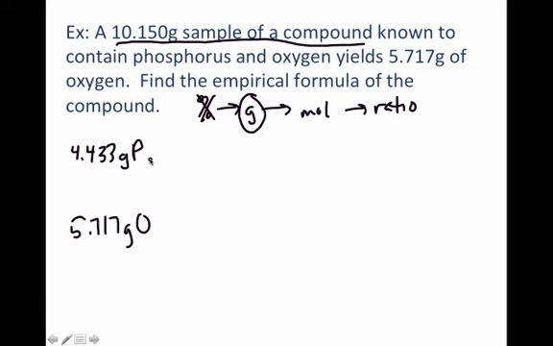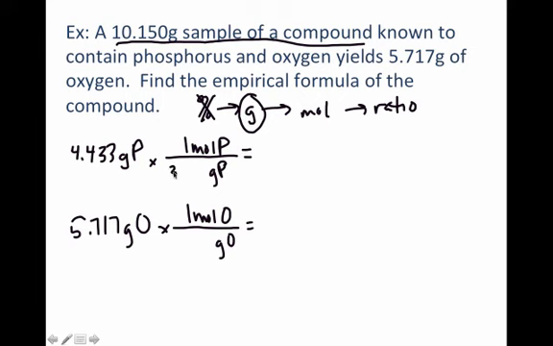Grams to moles. So we'll do our conversion. And I'm going to look up these molar masses on the periodic table. Phosphorus is 30.974. Oxygen is 15.999.